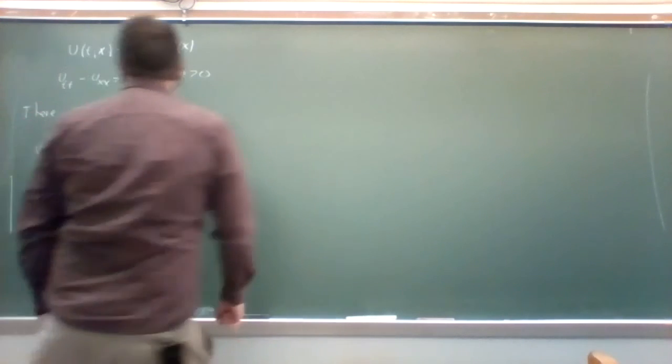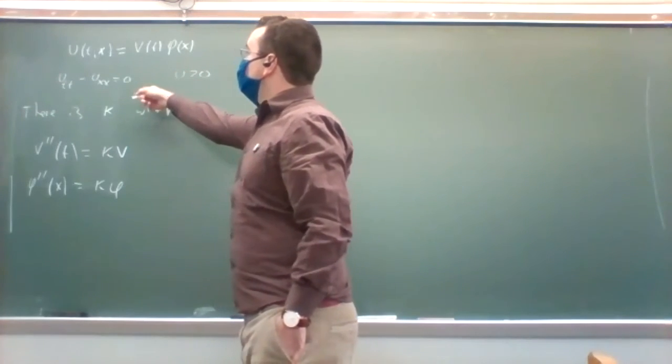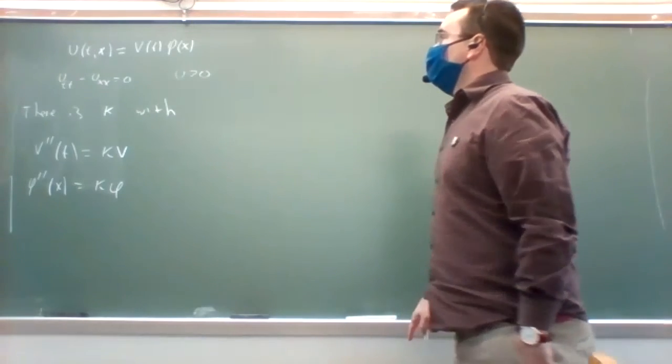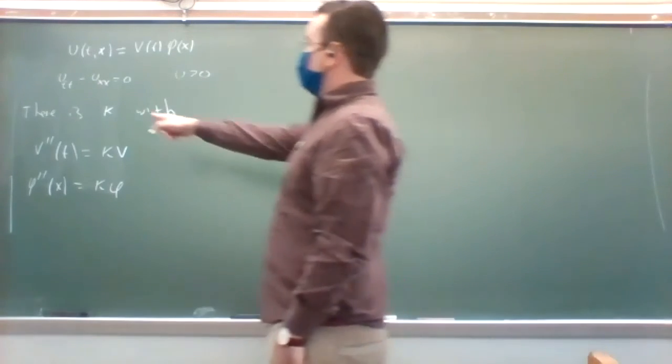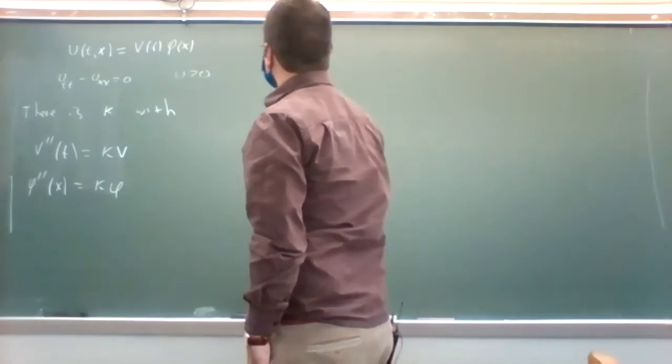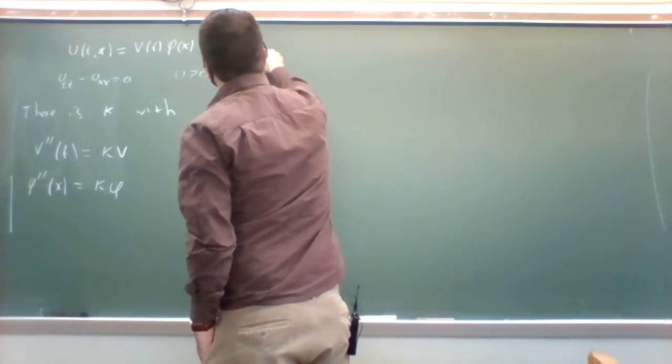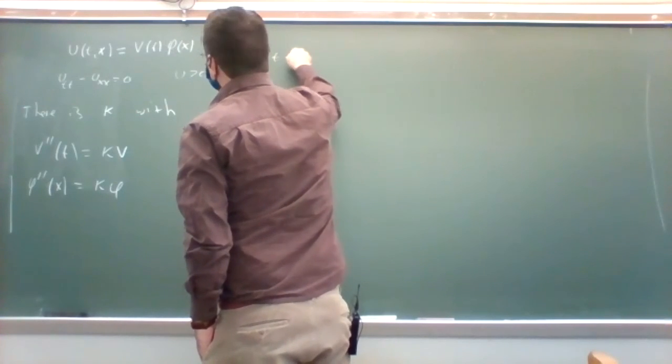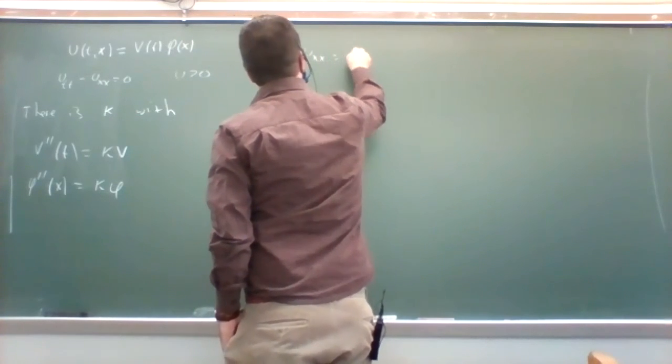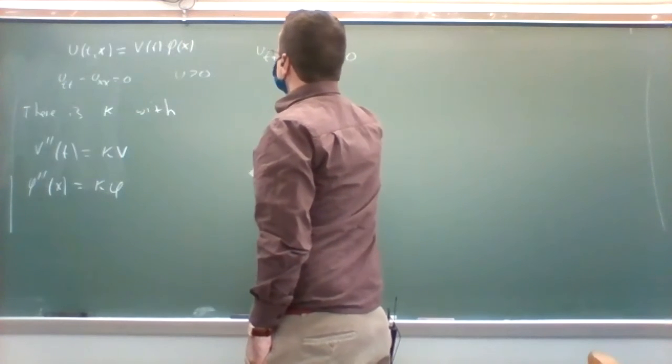So let's see it. If I directly substitute v times phi into this equation, direct substitution gives me what?